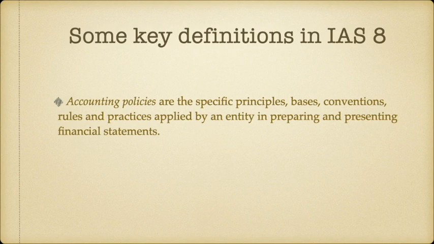So for every line item in our financial statements, we need to have an accounting policy, and that's normally disclosed in the notes to the financial statements, so that the users of the financial statements can understand how we've derived those numbers at least. Okay, and so for all of these numbers, we have to have some sort of accounting policy, and IAS 8 will give us guidance on how we end up selecting those policies.